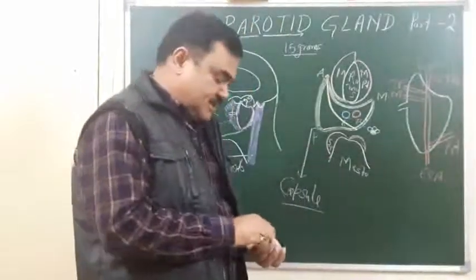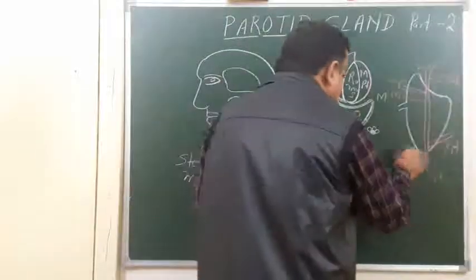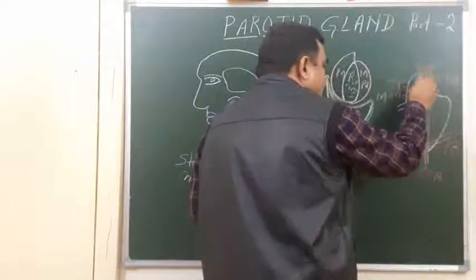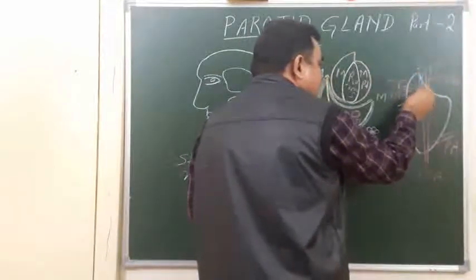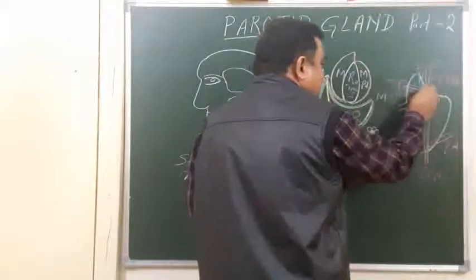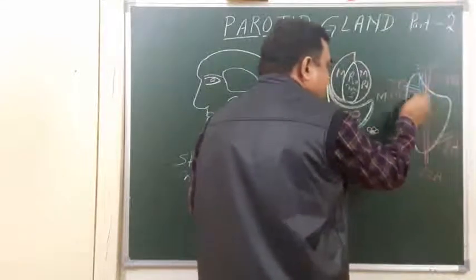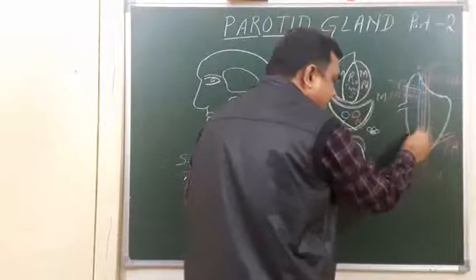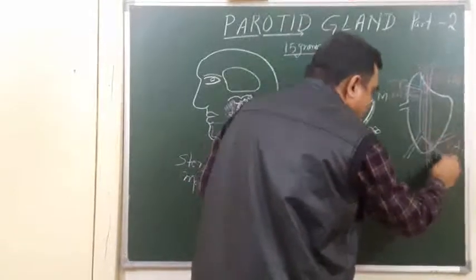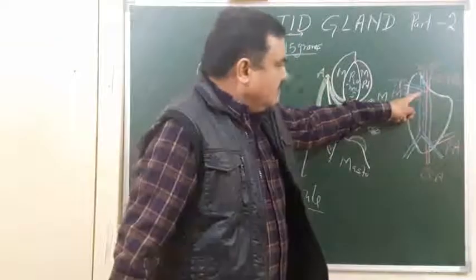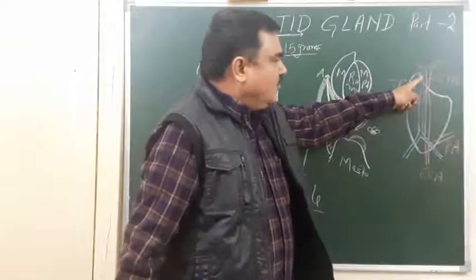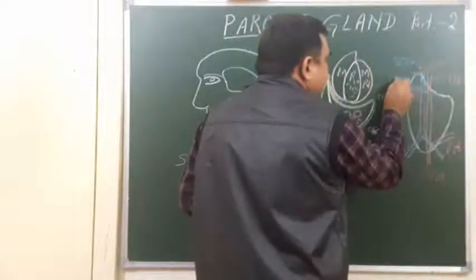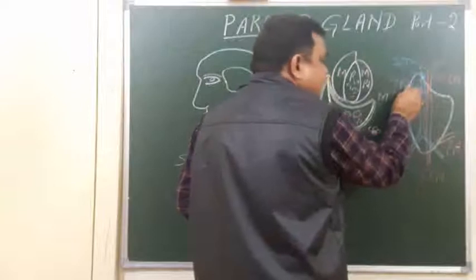These are the medial-most structures. Then lateral to this is another structure, the retromandibular vein. Here is the superficial temporal vein. It joins with the transverse facial vein, which accompanies the transverse facial artery.